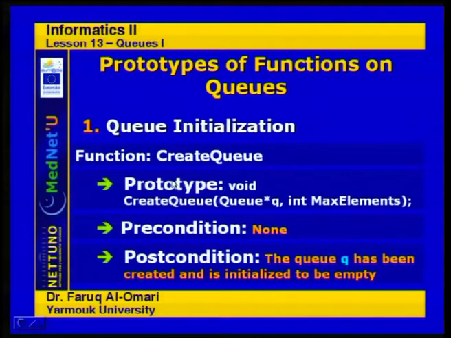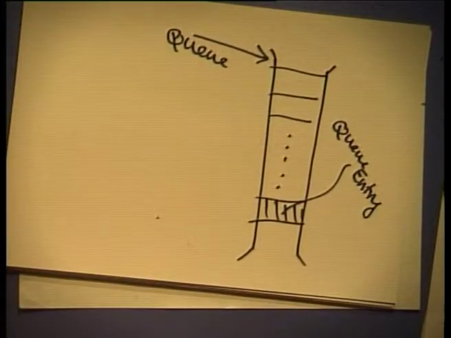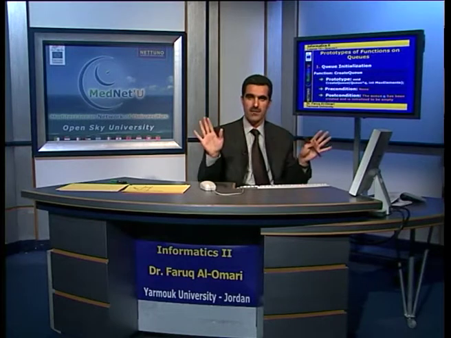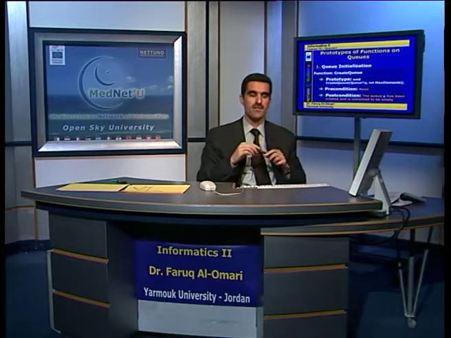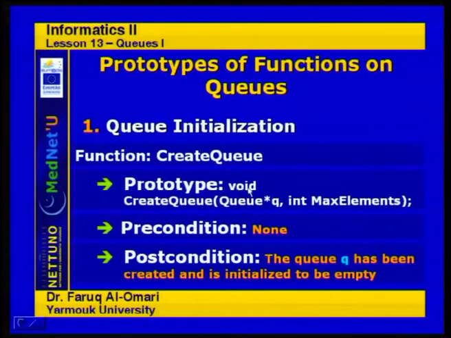The name of the function is create queue. And the goal behind it is to create the structure of the queue, okay, and reserve something in the memory for the queue. Nothing in there, it's going to be empty, it's just to initialize the structure. So basically, the prototype for it is of type void, function name create queue.